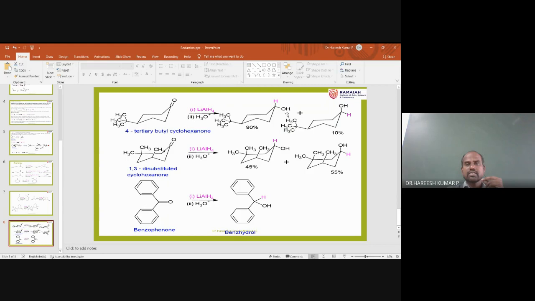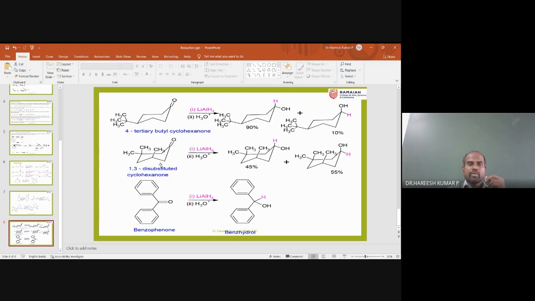This bulky group occupies the equatorial position, and that is the reason this product is formed in 90% yield. Whereas for the other one, suppose the hydride comes from this side, then it forms an axial hydroxy. This forms only in 10% yield.